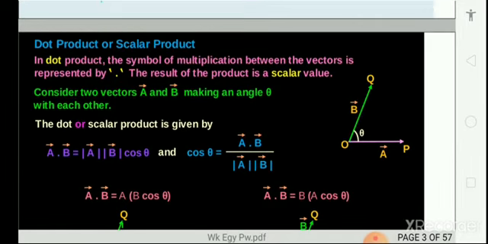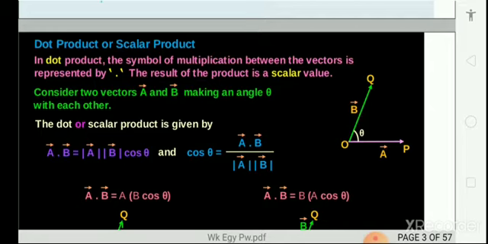Now, first, the dot product or scalar product. A dot product is represented by the symbol dot, the multiplication between vectors, and the product is a scalar value. Remember this. Consider two vectors A and B making an angle with each other.